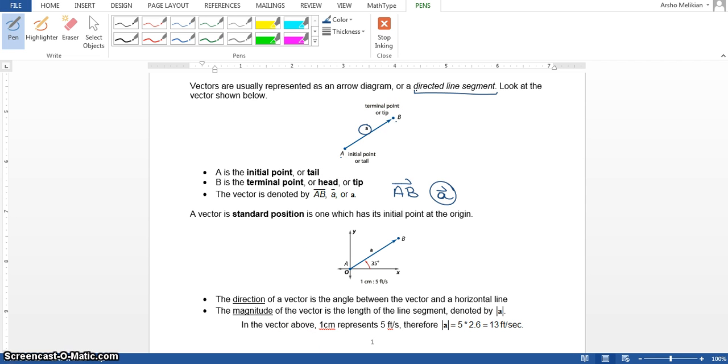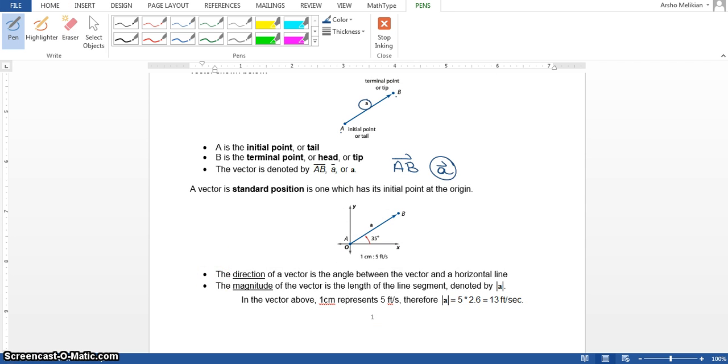If you take your vector and put it on a set of x and y axes, if you put it at the origin, then we say the vector is in standard position. The initial point is at the origin here. So how do we define the direction of the vector? The direction is the angle between the x-axis and the arrow.